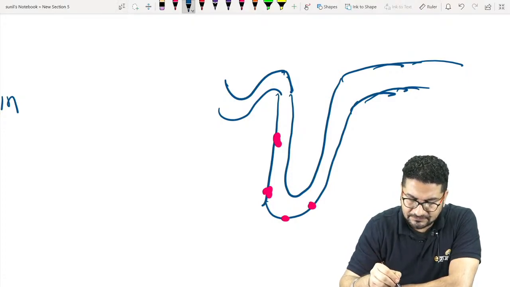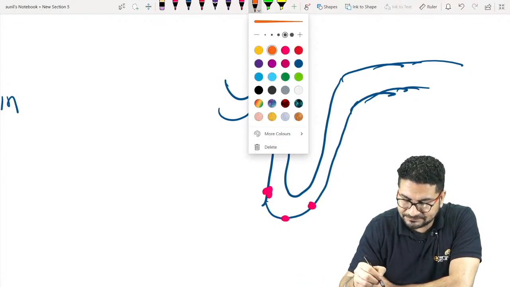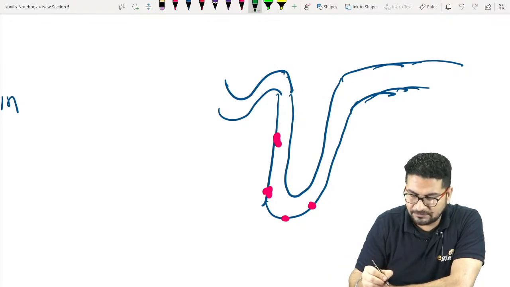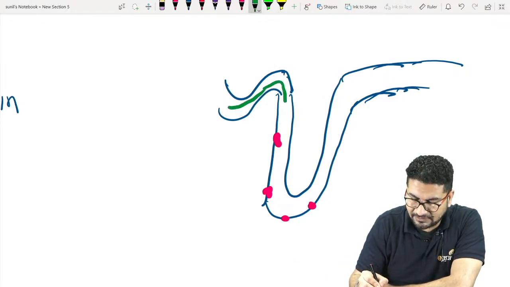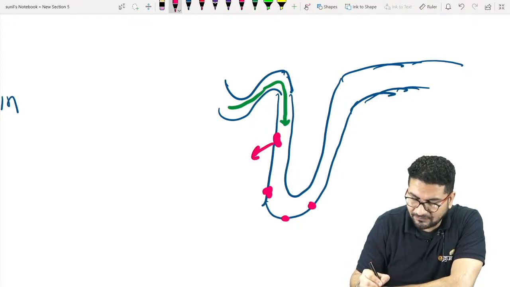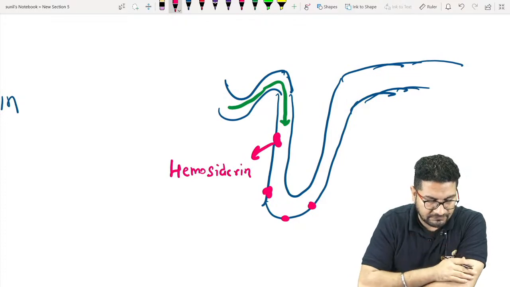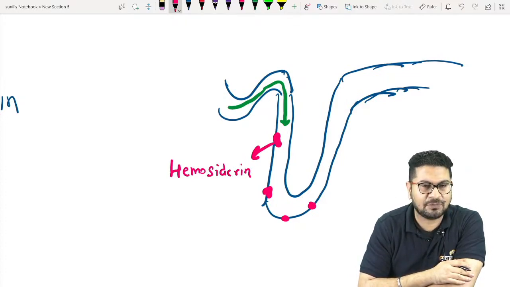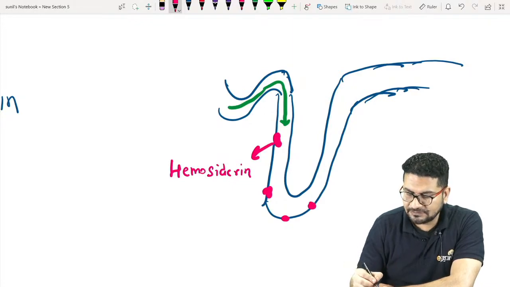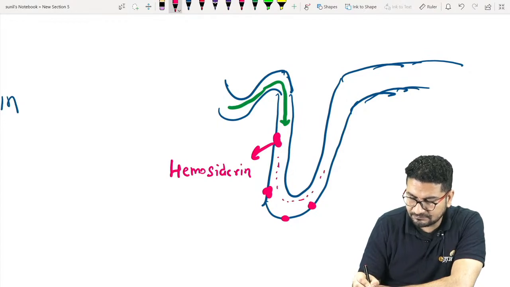And one day you thought of drinking beer. So what happened with the beer? You will have more urine, which means more urine flow. So after a few days, after 2 to 3 months, this hemoglobin will precipitate. The precipitated form of hemoglobin is called hemosiderin. After 2 to 3 months, this will break down and be released in the urine.